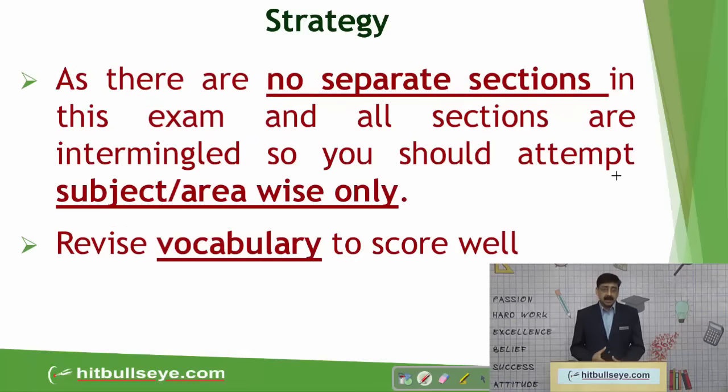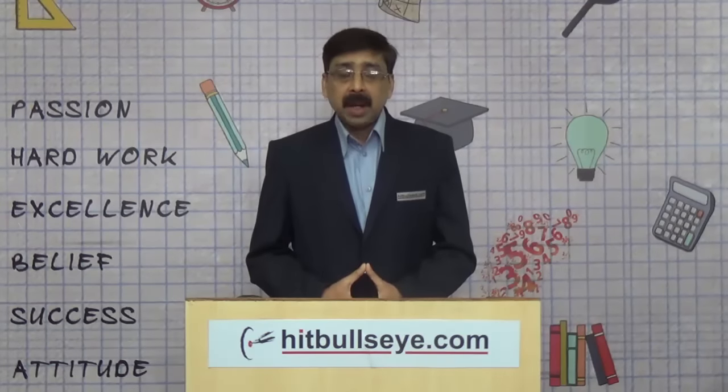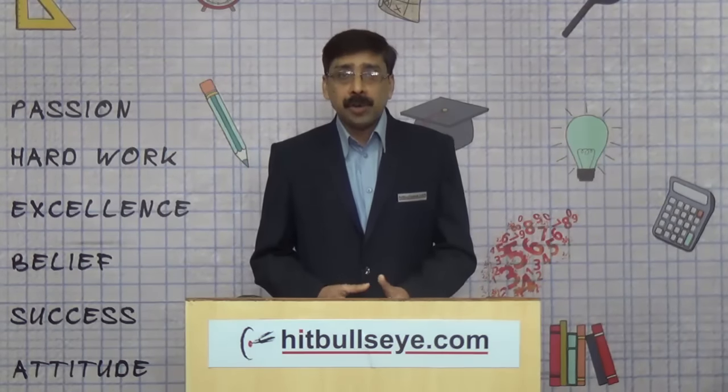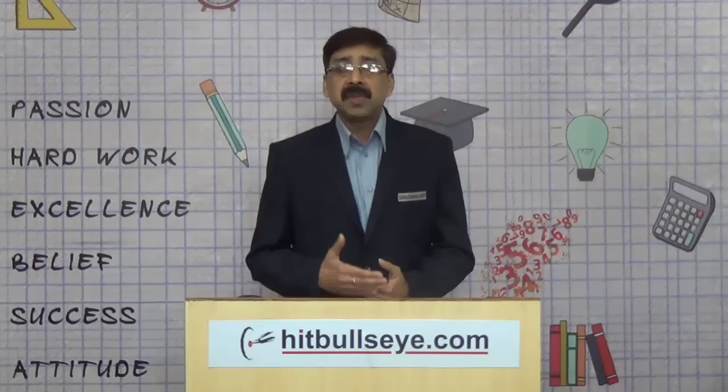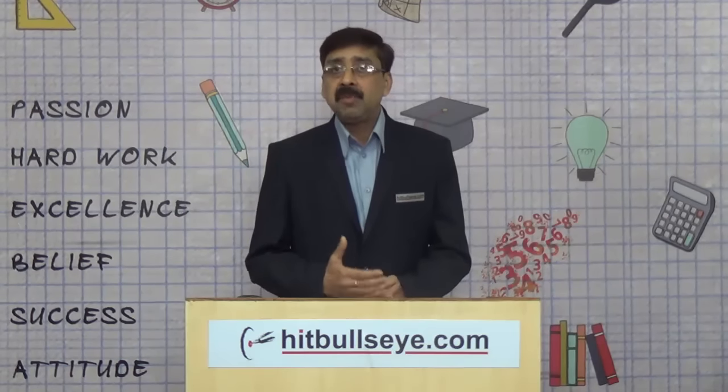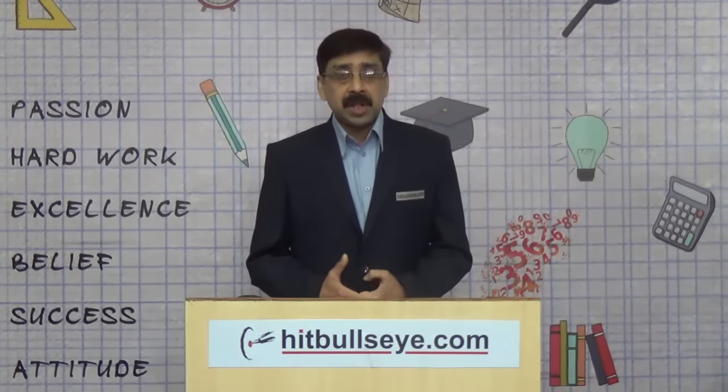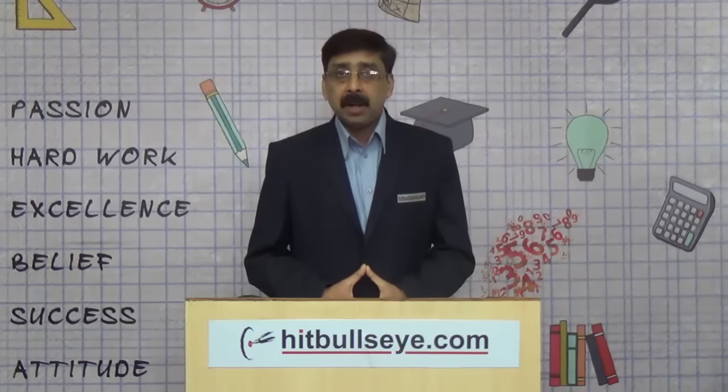As it has been told earlier also, there are no separate sections, all the questions would be intermingled, so it is better to select area wise questions rather than doing question by question. Revise vocabulary, because primarily 30 to 40 questions you will come across in the form of analogies, sentence completion, antonyms, synonyms, and closed test. So it's a very important part to score well in the CET verbal section.